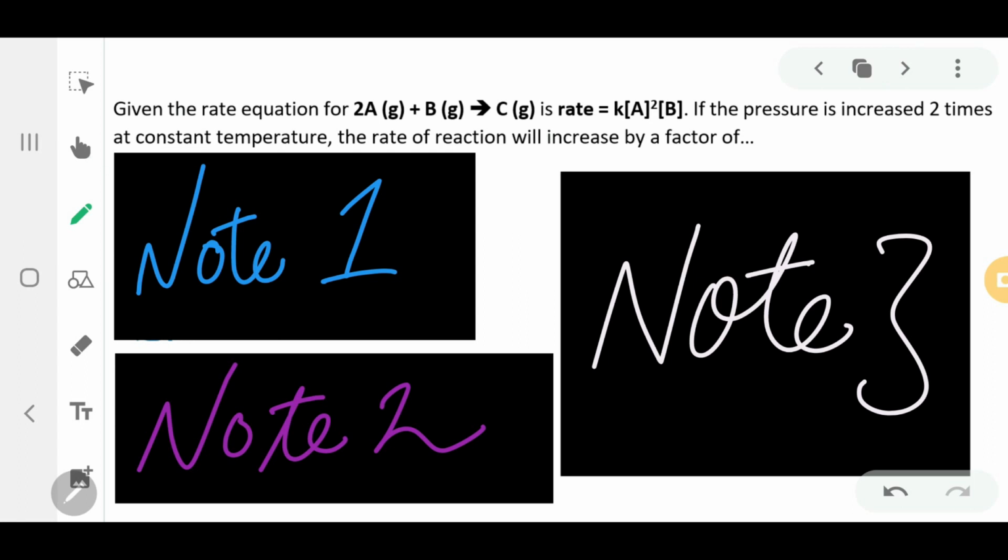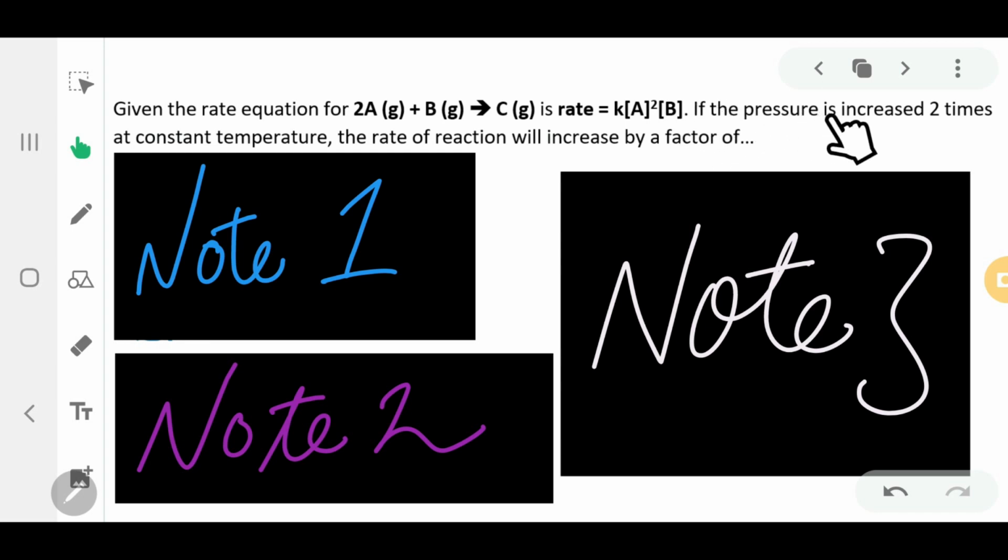Next one is the question in which the rate equation for 2A gas plus B gas to make C gas is rate equals k times concentration of A to the power of 2, which is A will have a second order reaction and B has a first order reaction because it is to the power of 1.